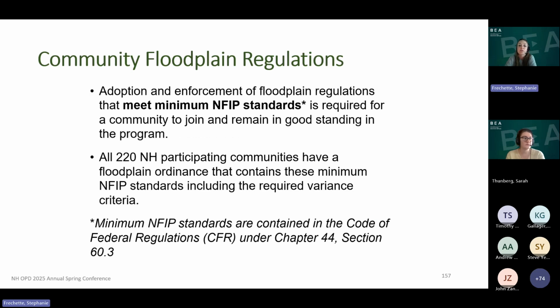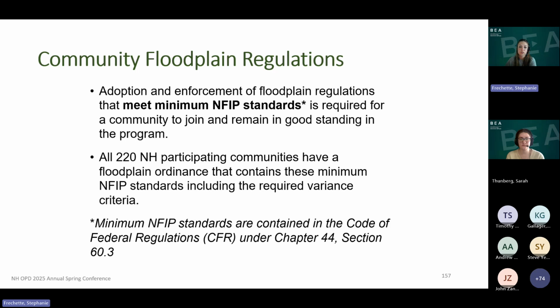So we defined a few of those basic terms that we use a lot, and now we're going to go through some background information on community floodplain regulations and ordinances to enforce those regulations in your communities. For a community to participate in the National Flood Insurance Program, they must adopt and enforce the minimum standards.